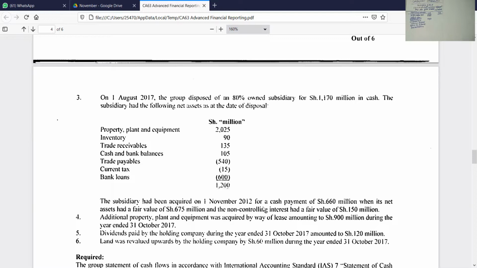So before I conclude that there is an impairment, I first compute the goodwill of the disposed subsidiary as at the time it was acquired.